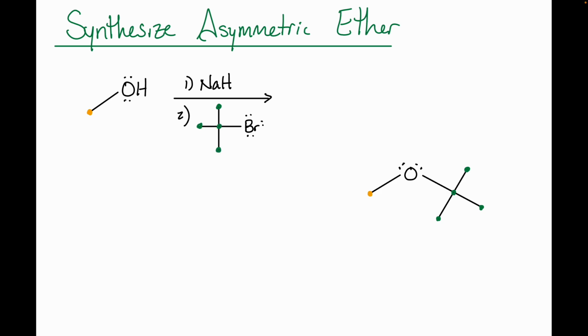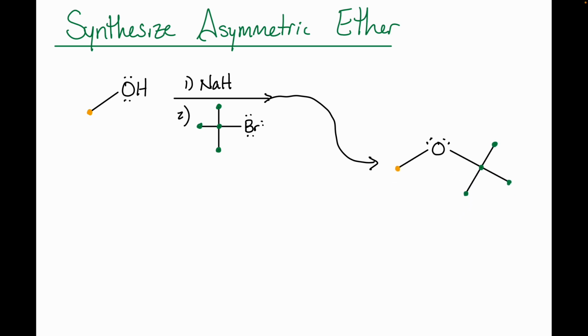That would be one way to get to my product. Or I could start out with this tert-butyl alcohol, treat that with my sodium hydride, and then add bromomethane.